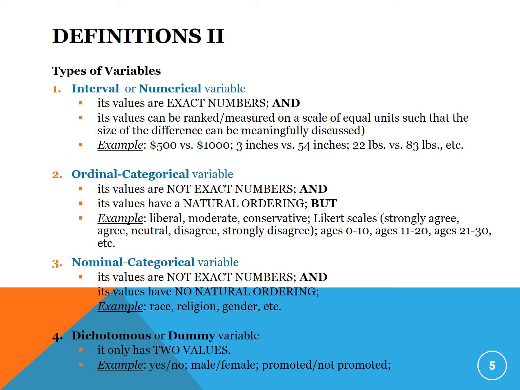We don't know if Muslim is greater than Buddhist, is greater than atheist. We can't determine that. We don't know if men are greater than women or women greater than men. So we can only say that these are variables that have categorical values, and these values have no order.